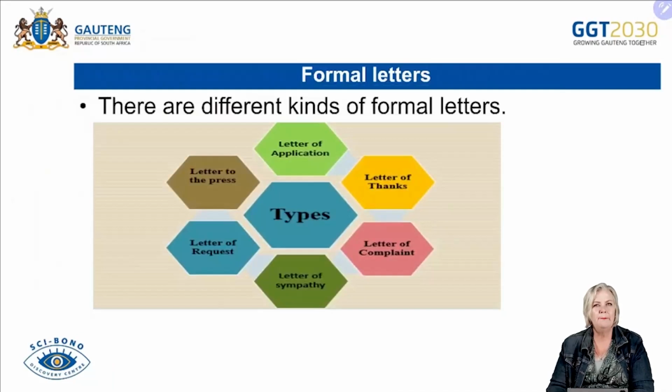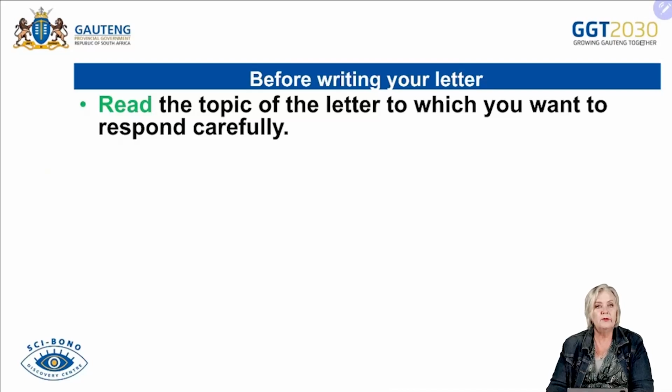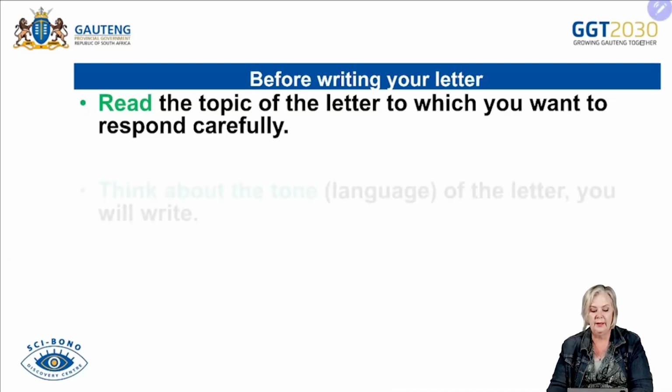A letter of sympathy. Somebody died, and you are writing a letter to that person to share your sympathy or condolences with that person. A letter of request, and then last but not least, the letter to the press. Before writing your letter, read the topic of the letter to which you want to respond very carefully.